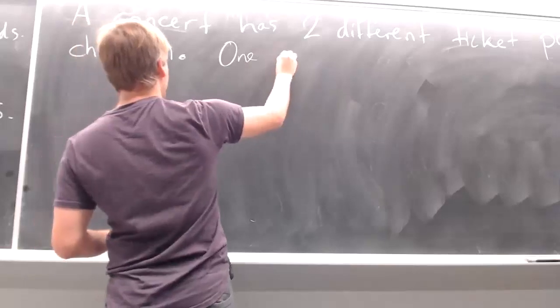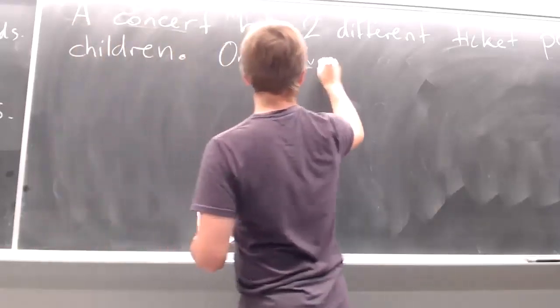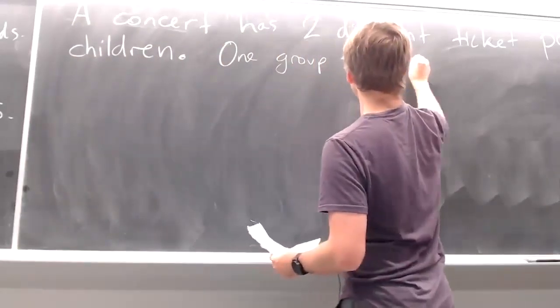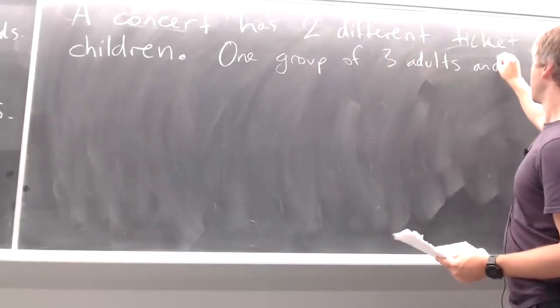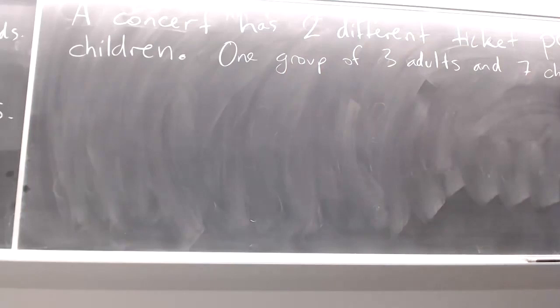So one group of 3 adults and 7 children pays $119.